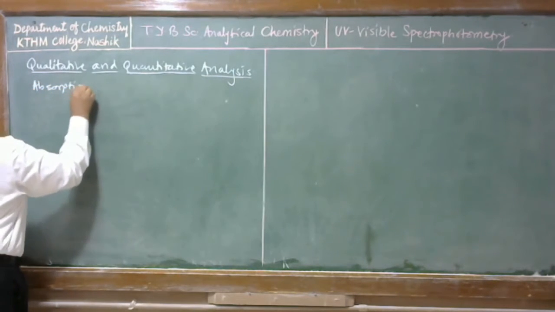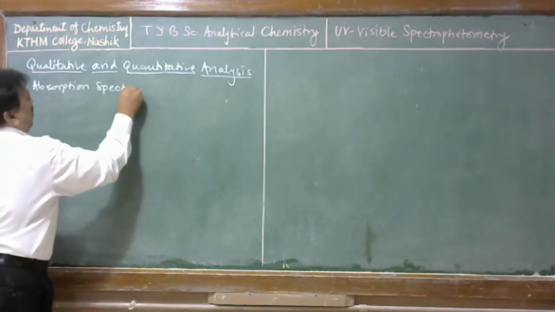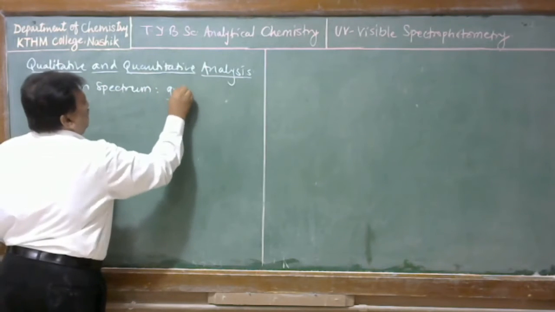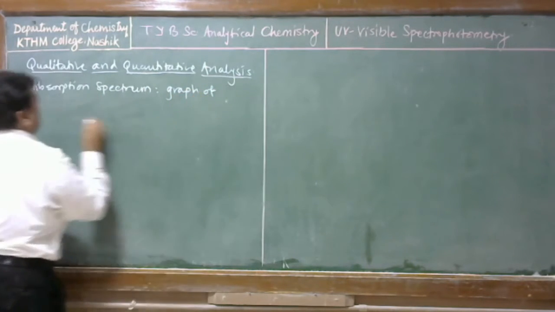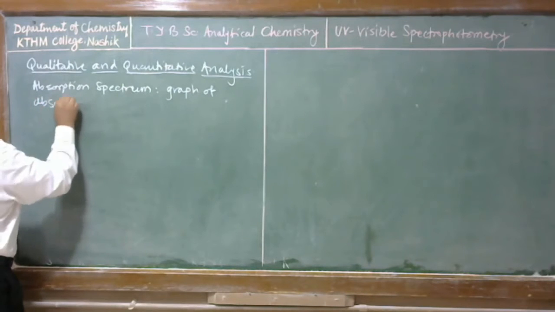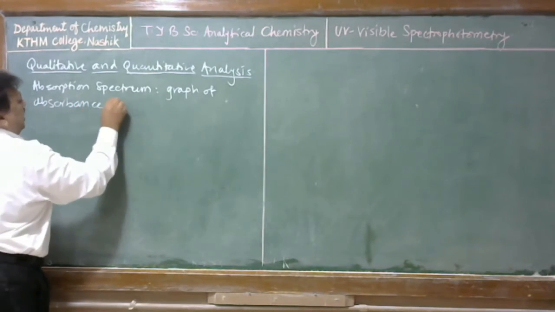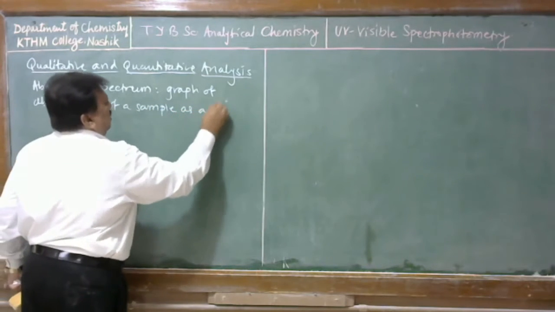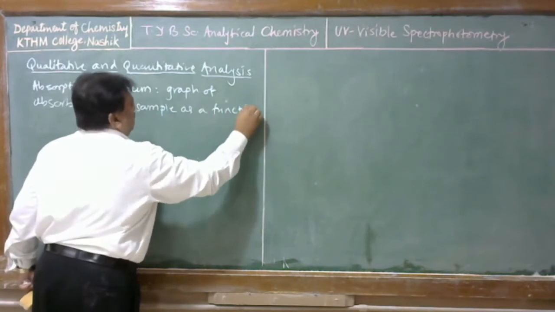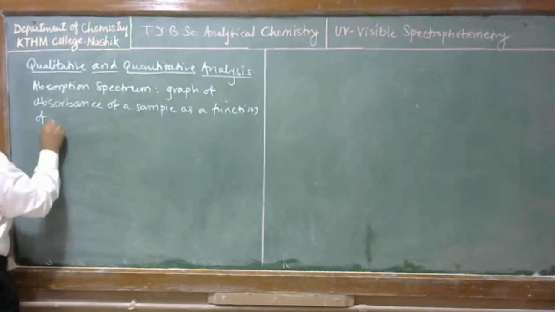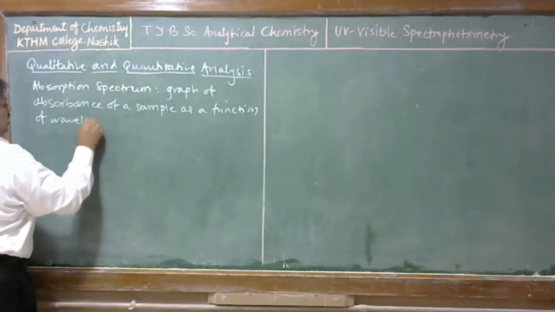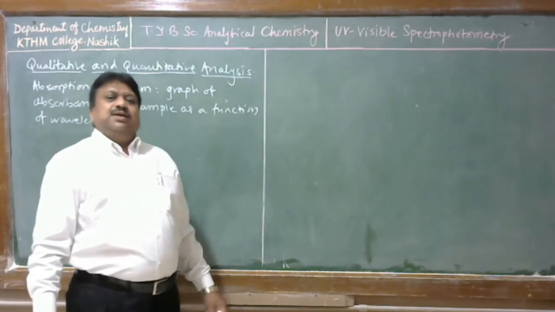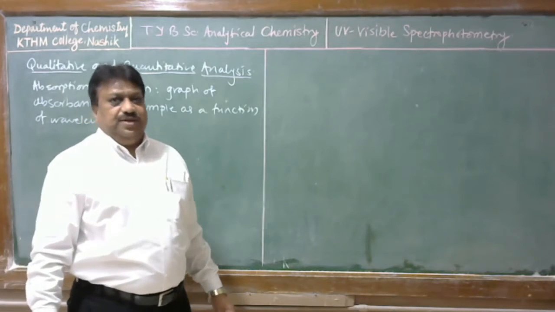The absorption spectrum is a graph of the absorbance of a sample as a function of the wavelength of analysis. This graph is called a spectrum, and the technique is called spectroscopy.